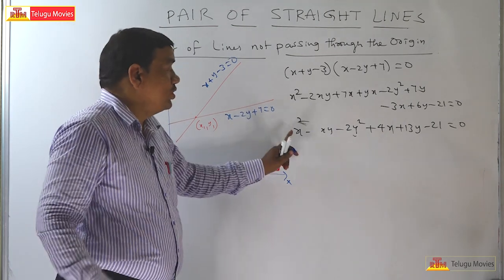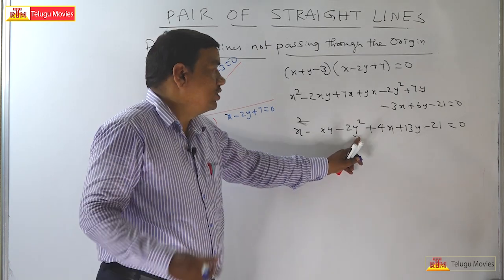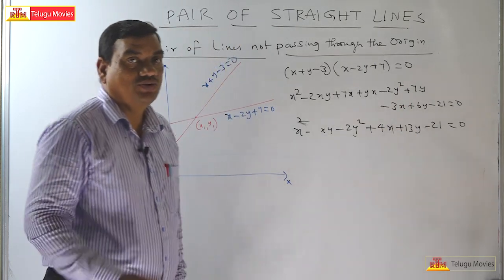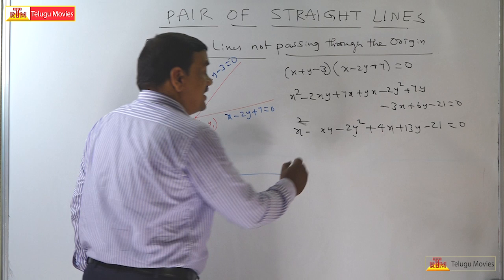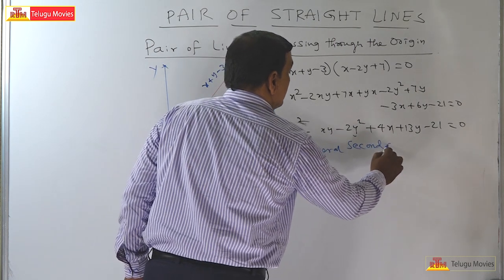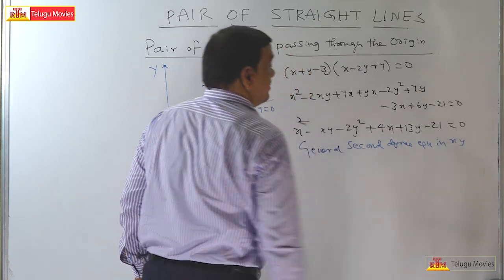What do you observe here? You observe an x square term, an xy term, a y square term, an x term, a y term and a constant. So, this is a general second degree equation in x and y variables.